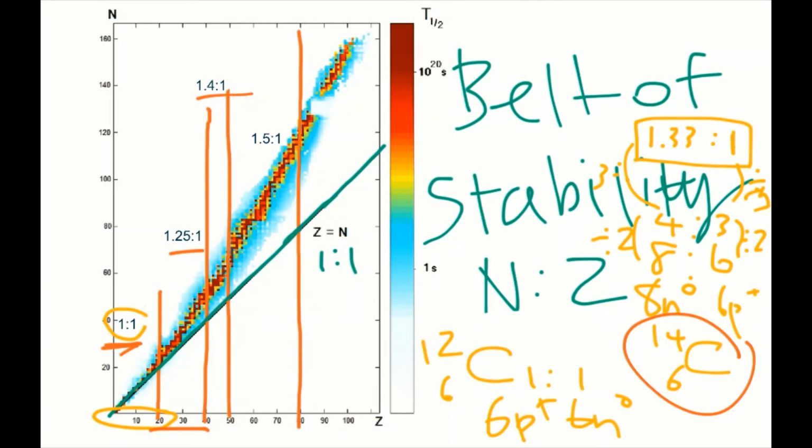And last but not least, if you have between 50 and 80 protons, then a neutron to proton ratio of 1.5 to 1 will be stable. And notice how we don't look at anything past 80, because once you're past 94, as we'll talk about later, you are generally going to be radioactive and unstable.